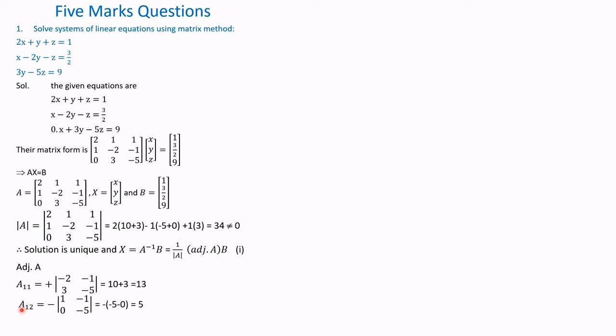Similarly, we have to find the value of A12, the second element of the adjoint of A. We have to take minus, and cancelling row 1 and column 2, we get 1 into minus 5 minus of minus 1 into 0, which is 0. Therefore, it is 5.